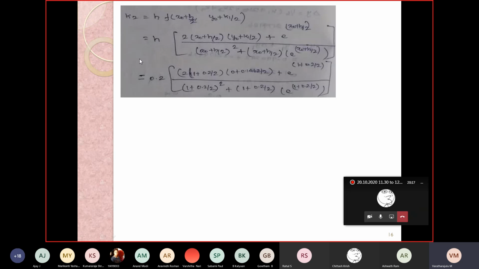You try to find the individual values. Here we have 1 plus 0.1, 1.1. Here 0.1462 divided by 2, we'll get 0.0731 instead of this value.